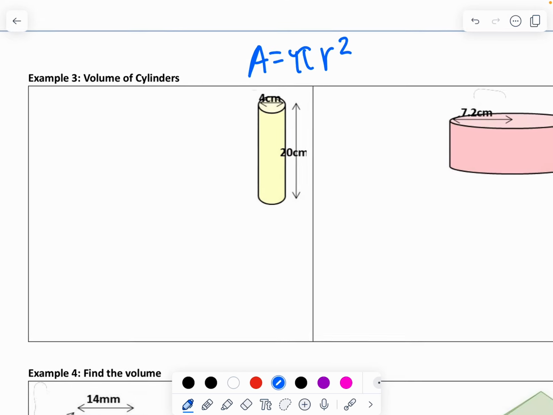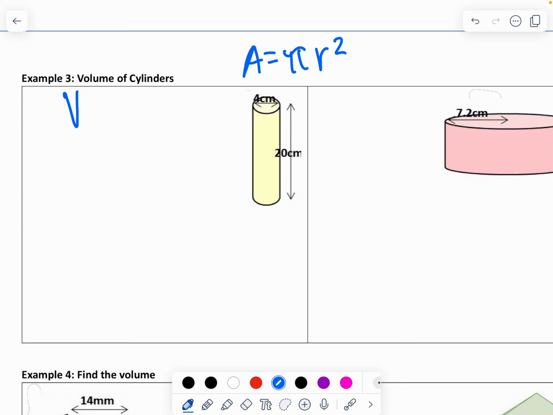So my formula for volume is still V equals big B times little h. But my base is a circle. So that means to find the area of the base, we have to use pi times r squared. That's what's going to get us the big B. So when we solve this, I know I'm going to have pi in my parentheses, which is 3.14.